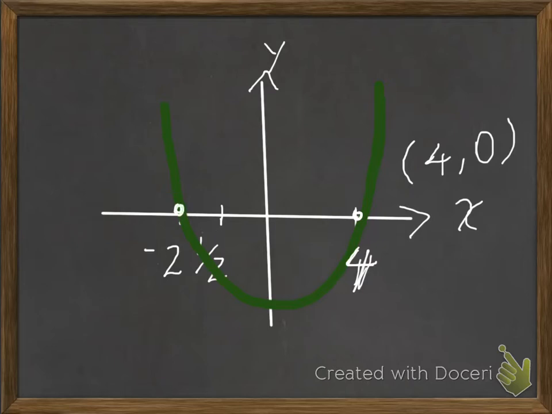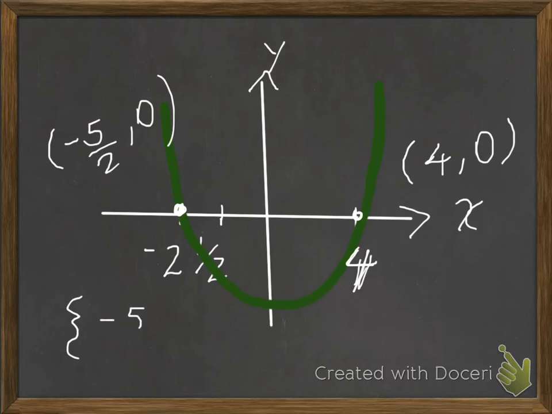And the second solution is over here. Minus 2.5 or minus 5 halves. 0 is the x-intercept, so minus 5 halves is the other part of the solution. The entire solution for the rational equation is minus 5 over 2, comma 4.